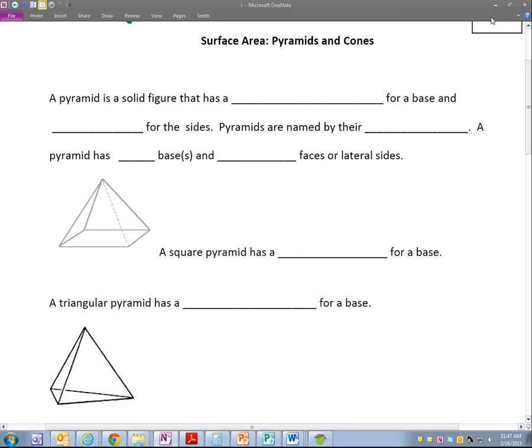You can also have anything that is a polygon. So a pyramid has a polygon for a base and triangles for sides.